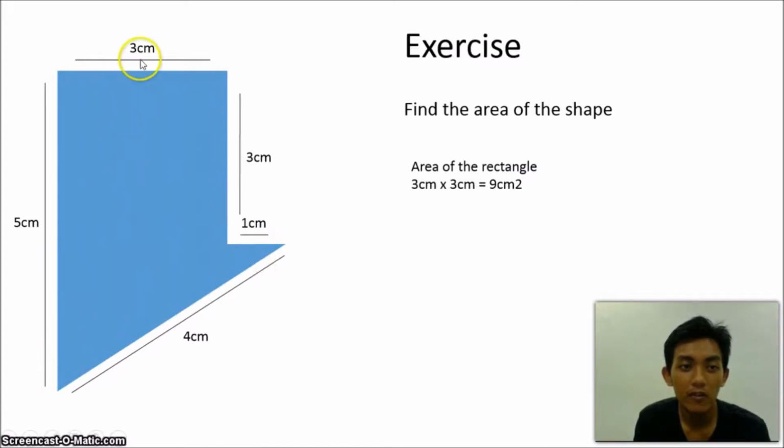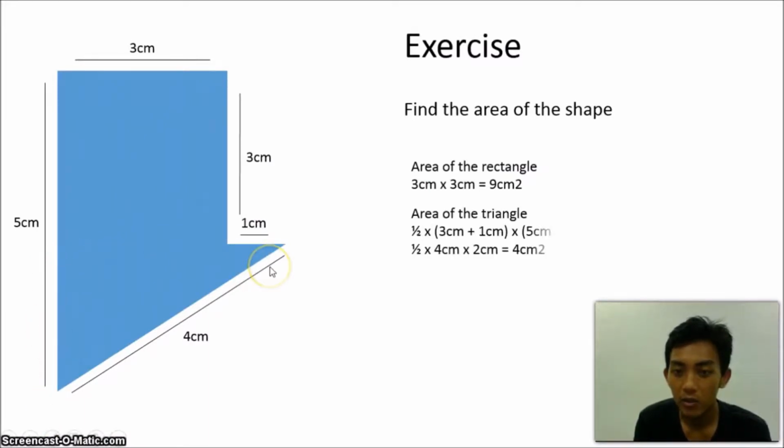Given the 3 cm length for the rectangle and 1 cm extra for this side, we total up to 4 cm. Now we are given 2 cm in height and 4 cm in length, so we can use the formula of the triangle: 1 over 2 times 4 cm times 2 cm equals 4 cm squared.